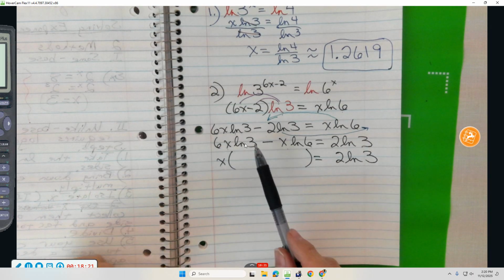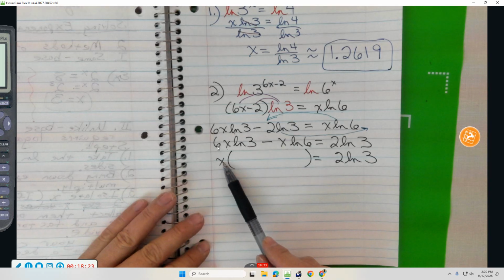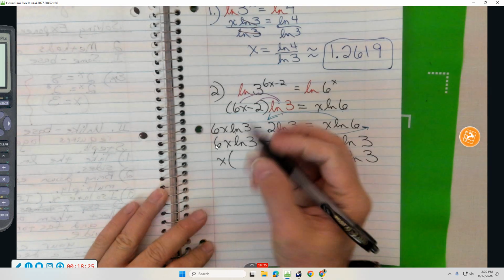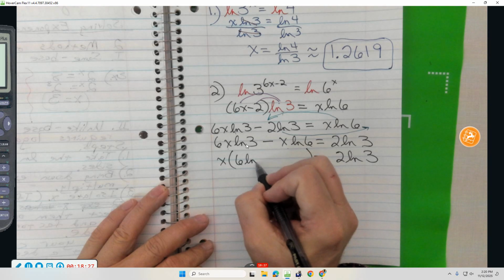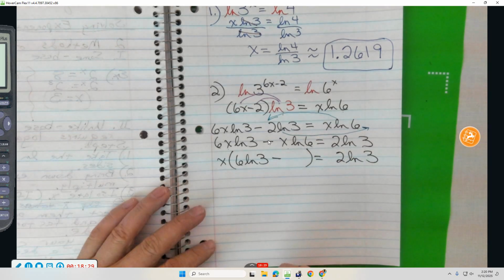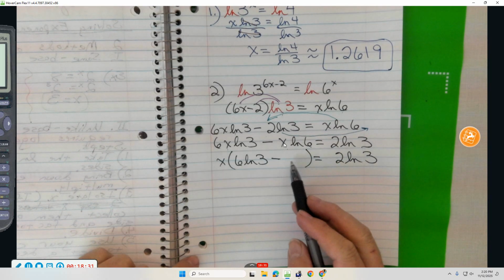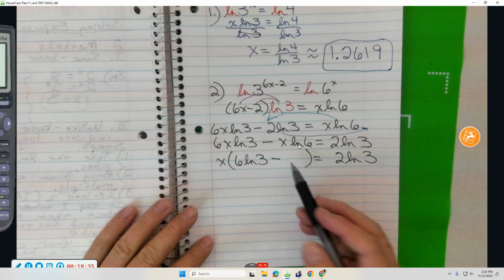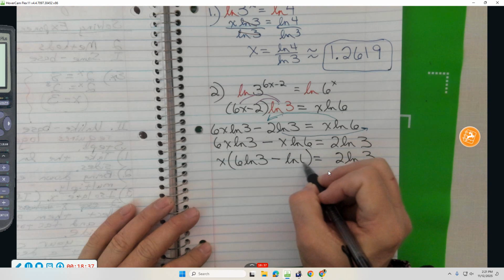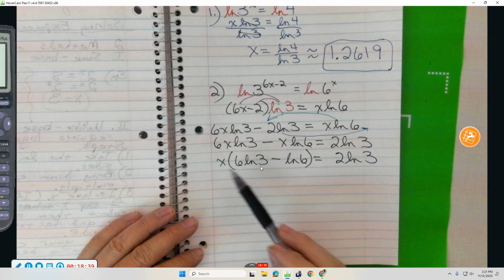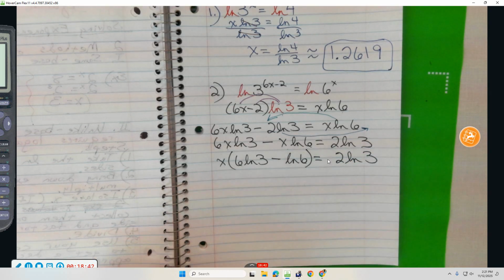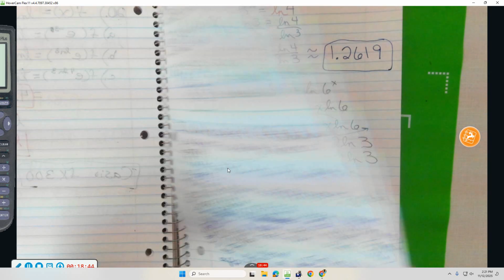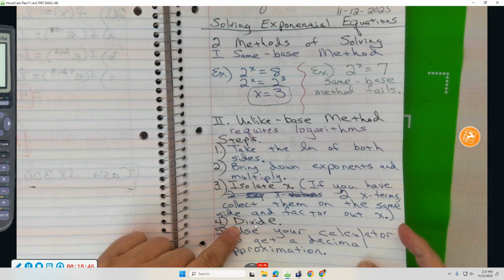6 times x times ln3. Take out the x. We have a 6 ln3 left, minus ln6, factoring out that x. So we have x times that quantity. What are we going to do? Divide.